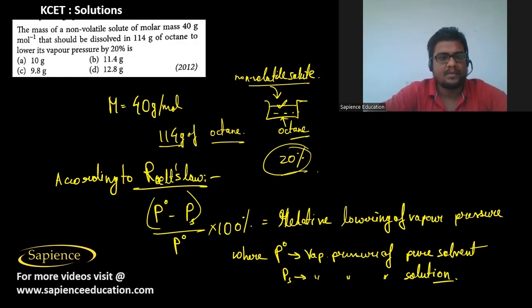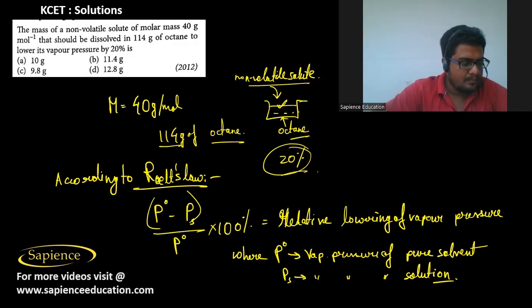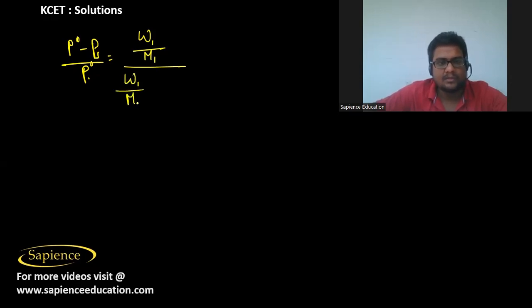Okay, so here, as we know that, according to Raoult's law, P naught minus Ps divided by P naught is equal to the weight of the solute, let's call it W1, by molar mass of the solute, divided by weight of the solute by molar mass of the solute plus the weight of the solvent by molar mass of the solvent.